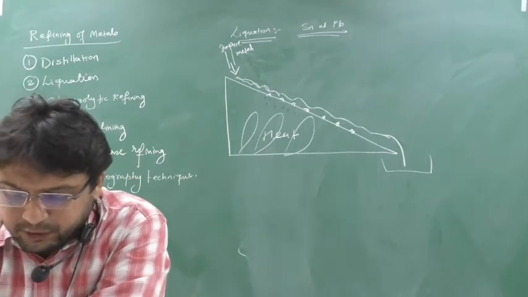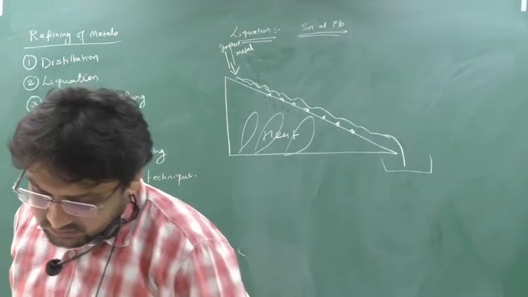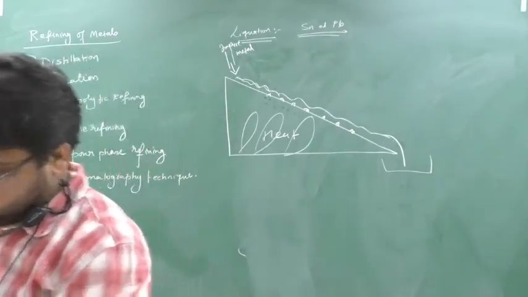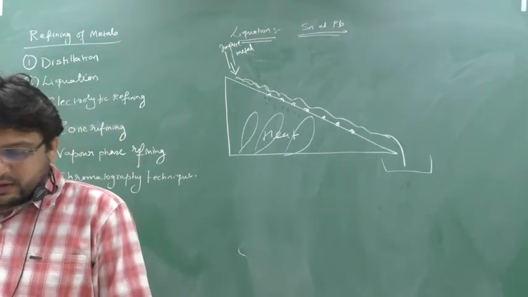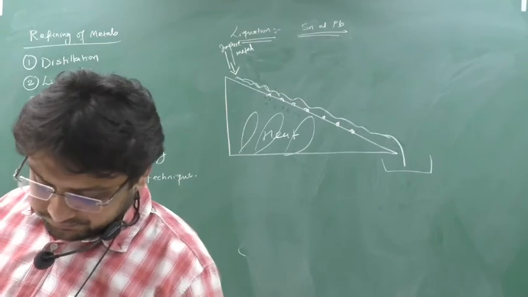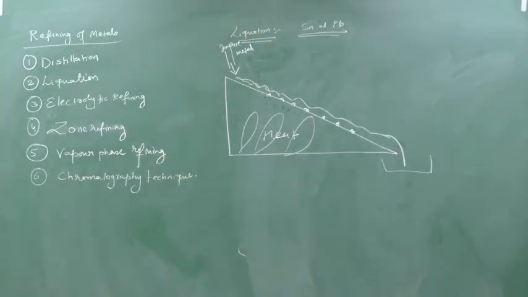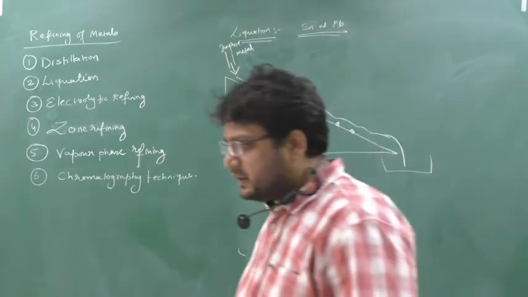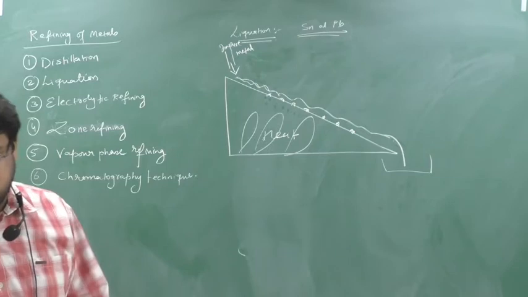Pure metal having a low melting point flows down the slope, and the impurities having a high melting point will be left behind.